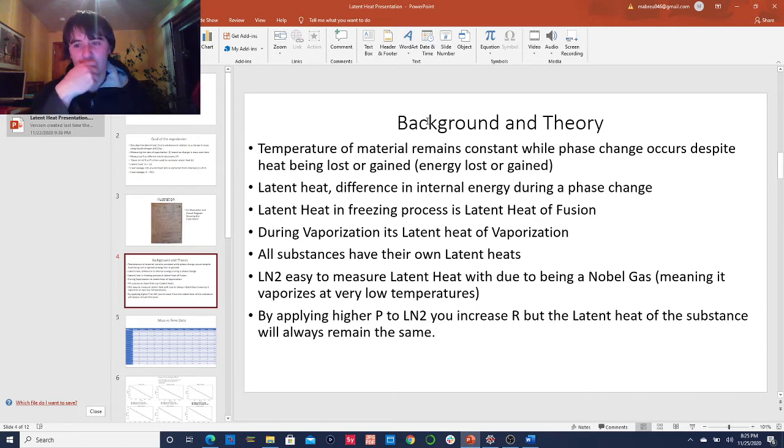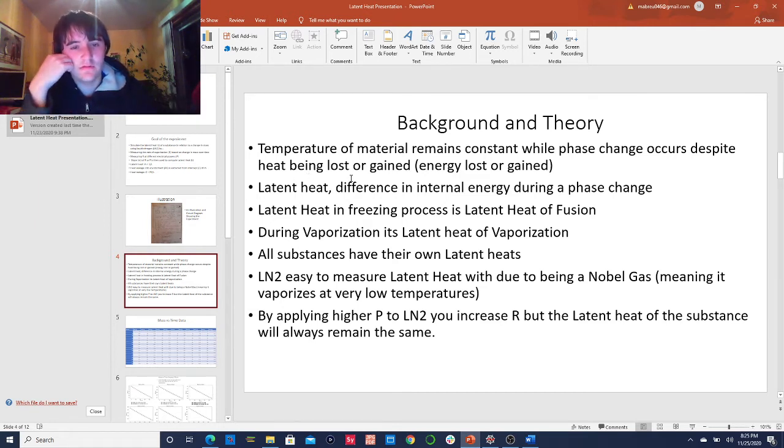What this will mean is that as the heat is being lost or gained, it will not change in temperature. It is simply the substance itself changing from being, let's say, a solid to a liquid, or a liquid to a gas, or vice versa.